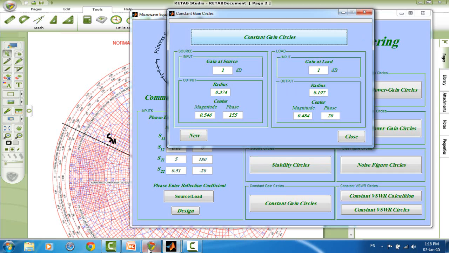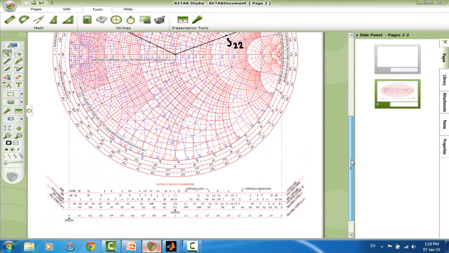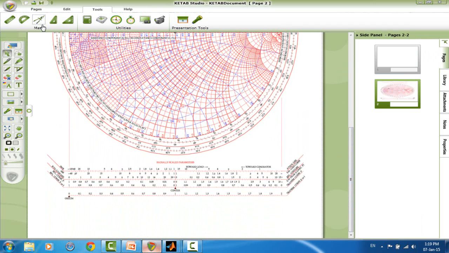To draw them, go back to tab. We have to find the center first.